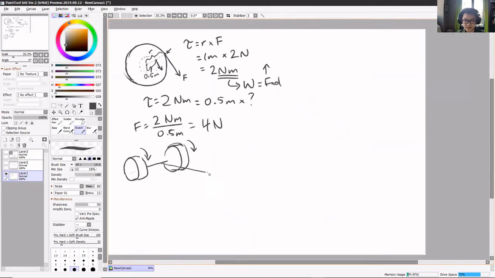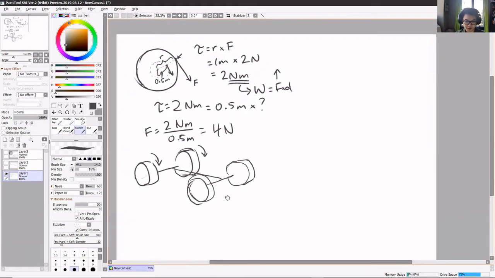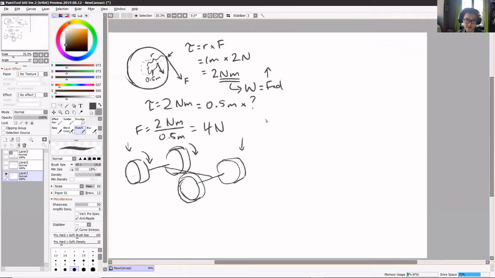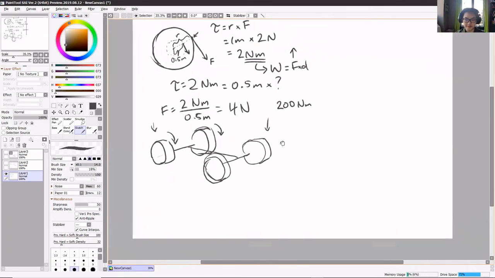And what some cars will do when they experience low traction, let's say there's an icy surface or an uneven road, is distribute their torque evenly from the engine between the front and the back wheels. So let's say a car produces 200 Newton meters of torque.